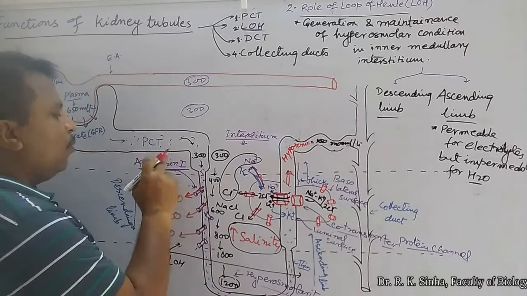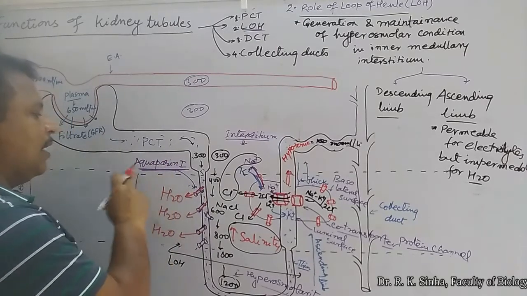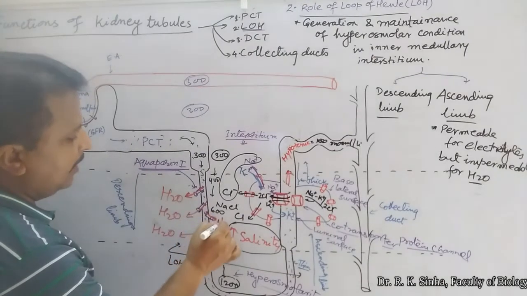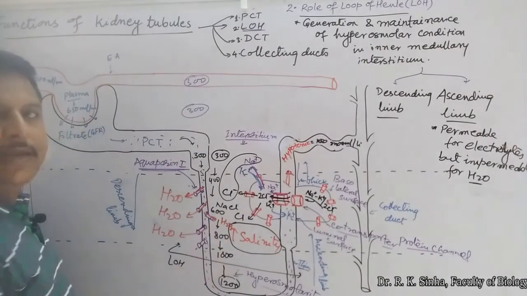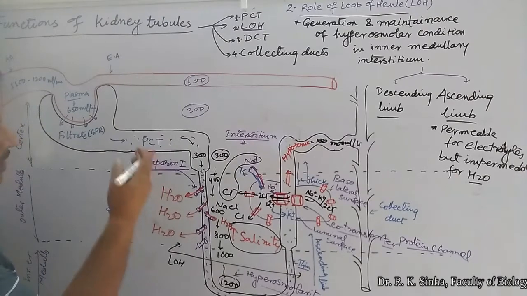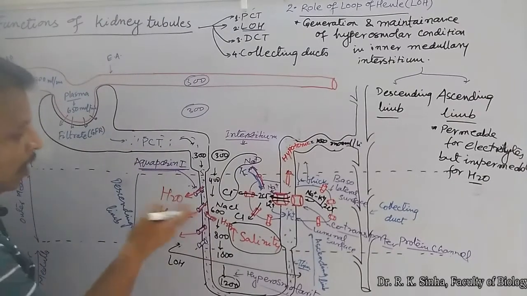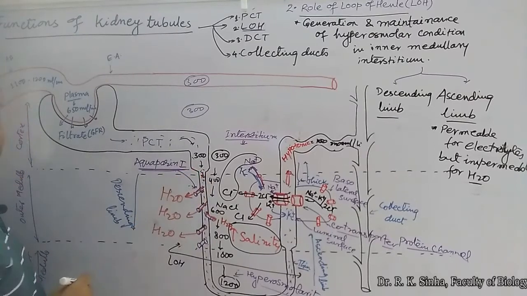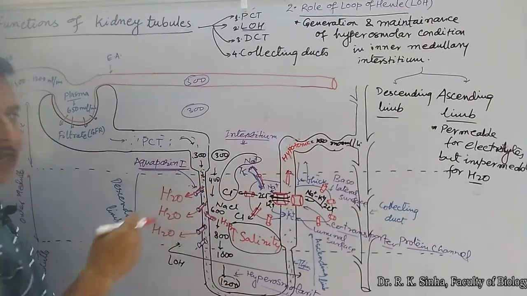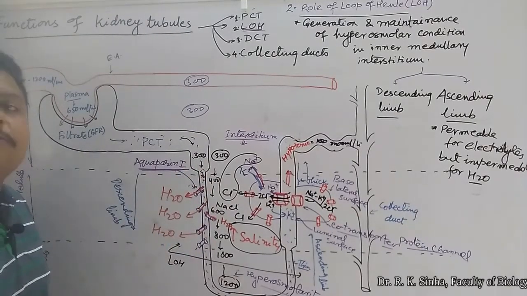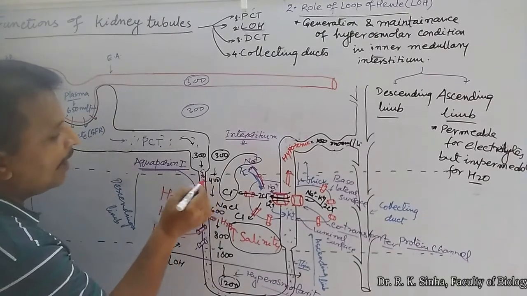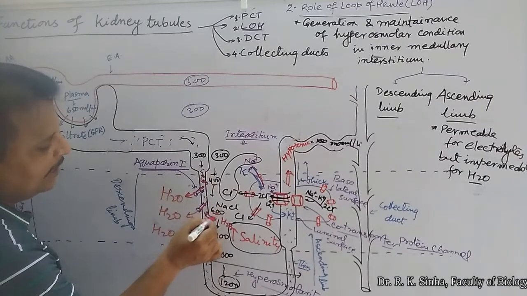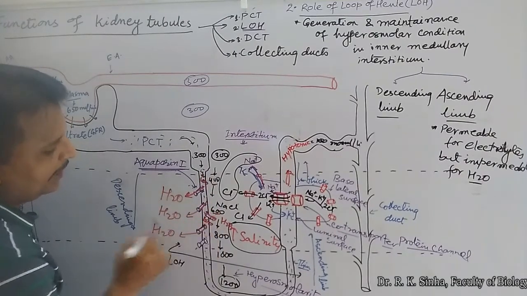So this is one type of aquaporin channel that will permit the water to add up in the medullary interstitium. Now as the water is removed, the concentration in this descending limb of the loop of Henle will also rise. It will be equalized. Here 400, then here also 400. Here 600, then here also 600.